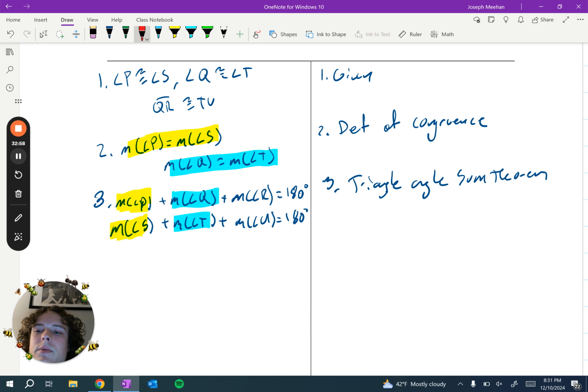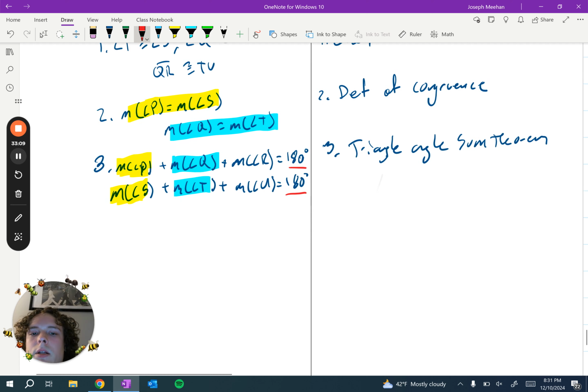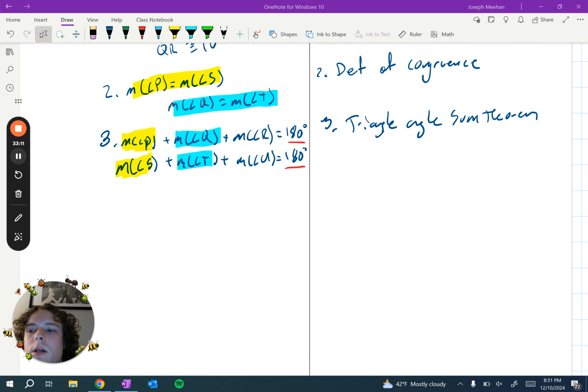Okay, so if we're looking at step 3, let's say we have yellow plus blue plus the measure of angle R equals 180 degrees. And then we have yellow plus blue plus the measure of angle U equals 180 degrees. Both these things are equal to 180 degrees.